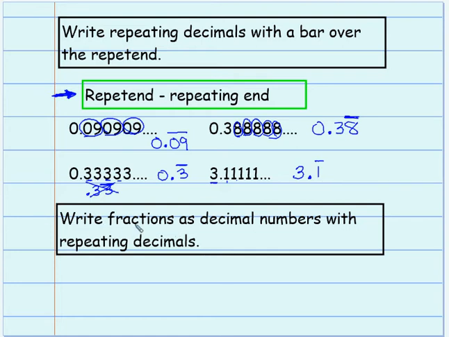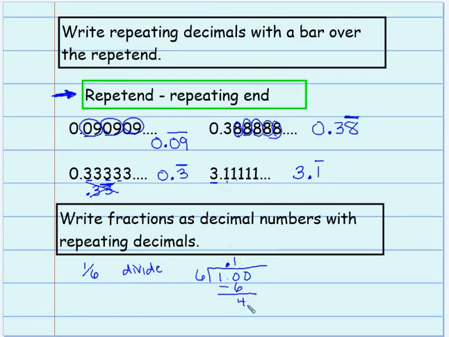If you want to write fractions as decimal numbers with repeating decimals, for instance, the fraction 1/6, you divide it. So 6 will go into 1 how many times? All right. So we're going to put the decimal up, and 6 will go into 10 one time.